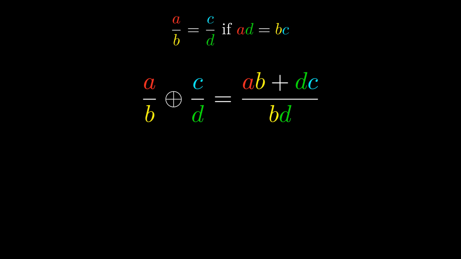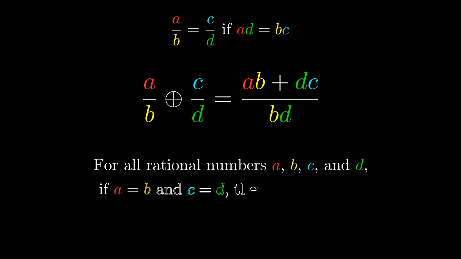In this case, for our operation to be well-defined means that for all rational numbers a, b, c, and d, if a is equal to b and c is equal to d, then a O+ c is equal to b O+ d. It turns out that all of the usual operations on rational numbers satisfy this condition. However, it is false for O+, so O+ is not a valid operation on the rational numbers.